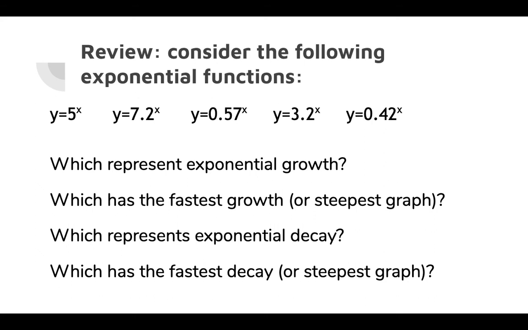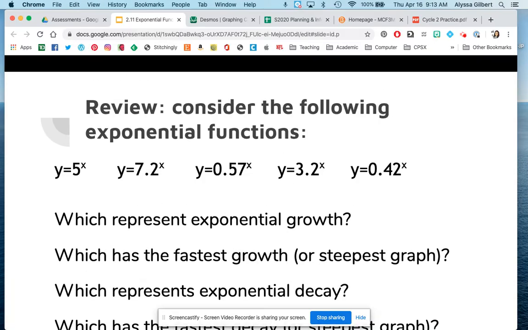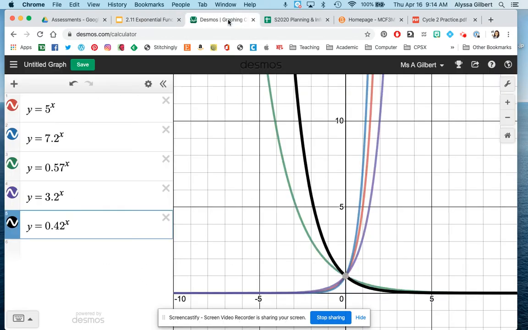So what I've done is I've actually gone ahead and graphed these in Desmos. So I'm going to show you them right now. So if we go to Desmos, here they all are. So 5 to the x is the red, blue is 7.2, the purple is 3.2, the blue is 0.42, was that the other one?